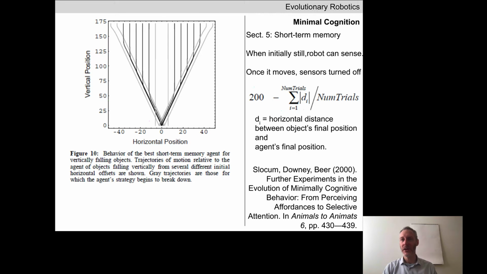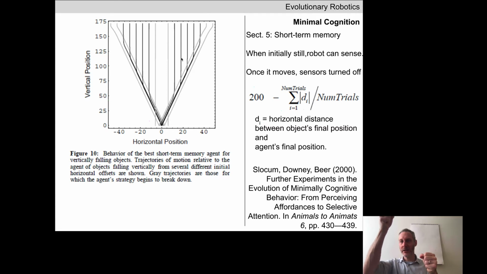Okay, let's break this into two pieces. It seems the robot is moving into position because in all of these diagonal lines, you notice that all of them are converging on zero, meaning that the horizontal position between the robot and the object is decreasing.